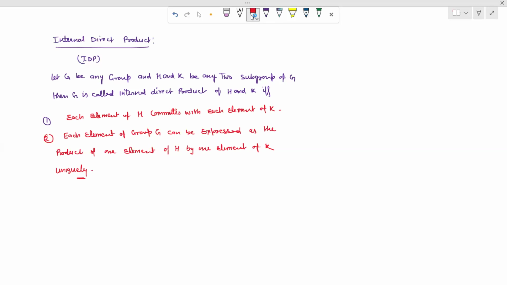So when these two properties hold for a group G with H and K two subgroups of G, then G is said to be an internal direct product.